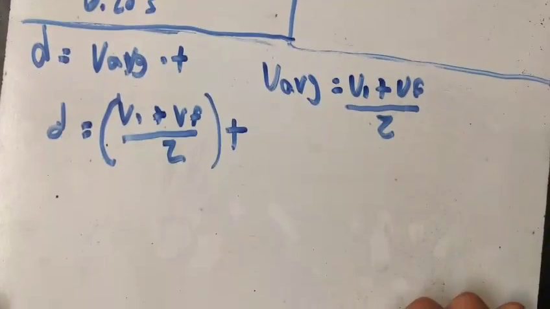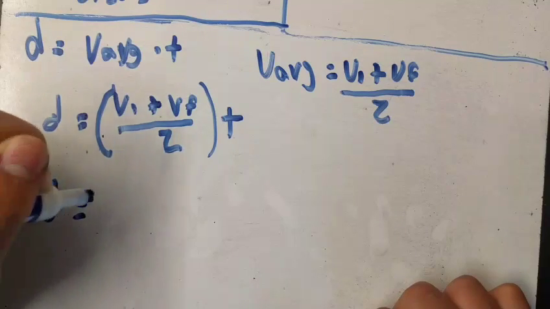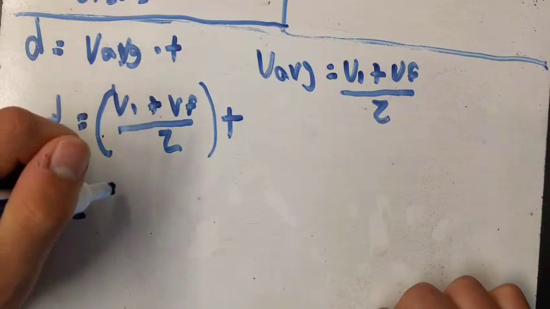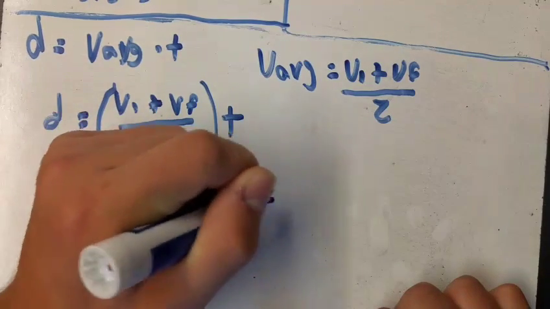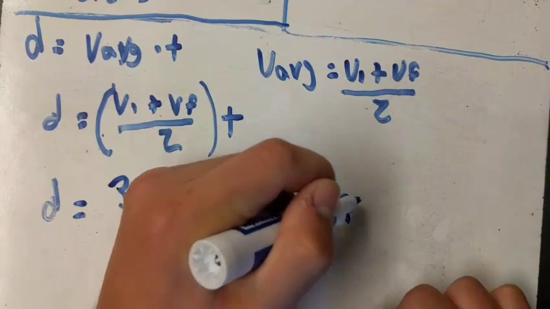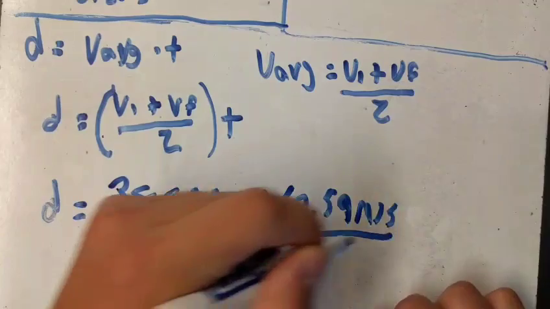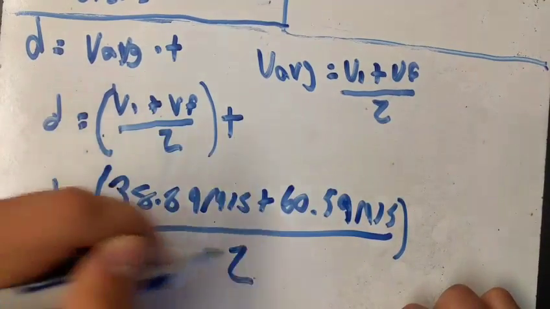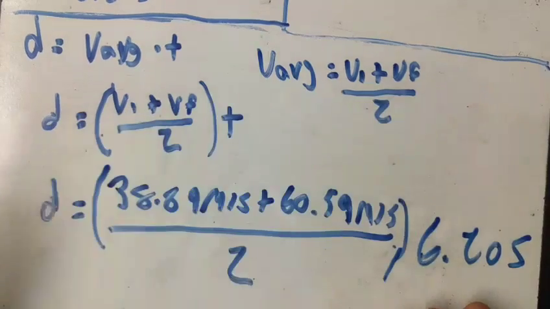So if we plug this in, we should get the same exact answer as last time. So 38.89 meters per second plus 60.59 meters per second divided by 2 times our time of 6.20 seconds.